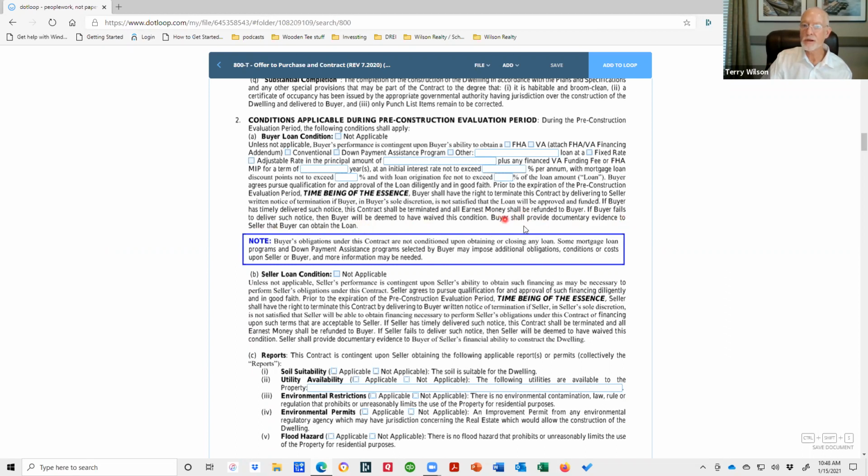And anytime you see in a contract the word shall, it means they must. And if they don't, they're in breach of contract. So the seller, the builder, could argue that if the buyer does not provide documentary evidence that they can get their loan, the buyer's in breach of contract because it says they shall.